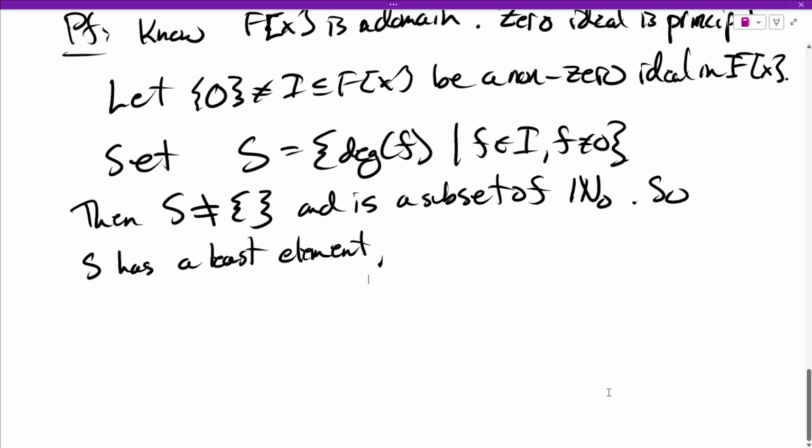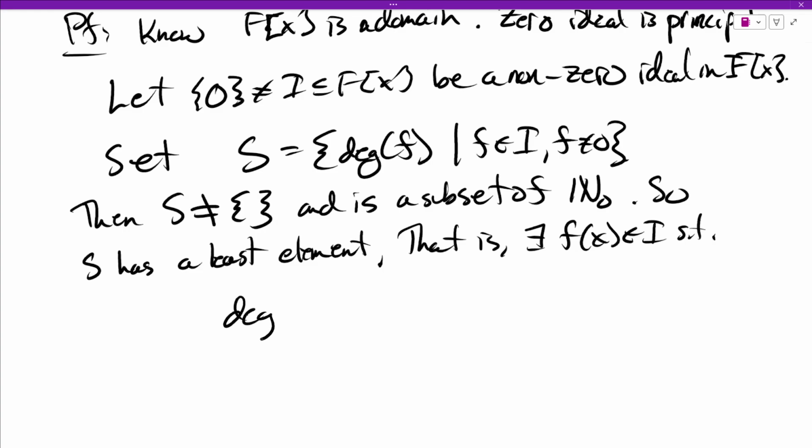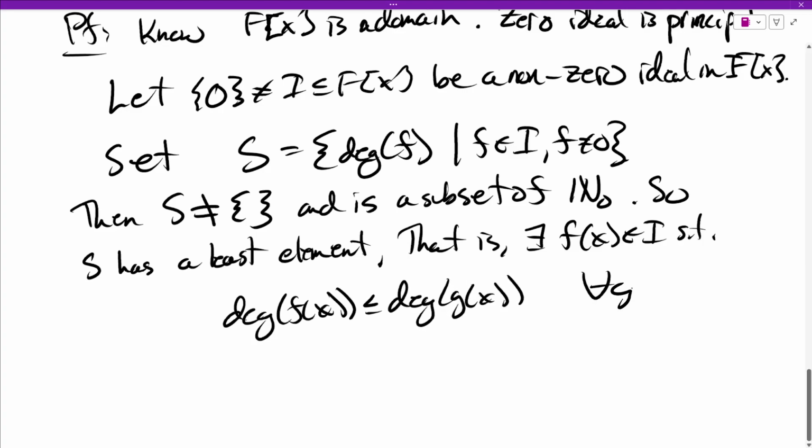In particular, since S has a least element, there is an element of degree smaller than or equal to any of the other degrees in I. That is, there exists some f in I such that the degree of f is less than or equal to the degree of g for all other elements of I. Okay, so we found our smallest.